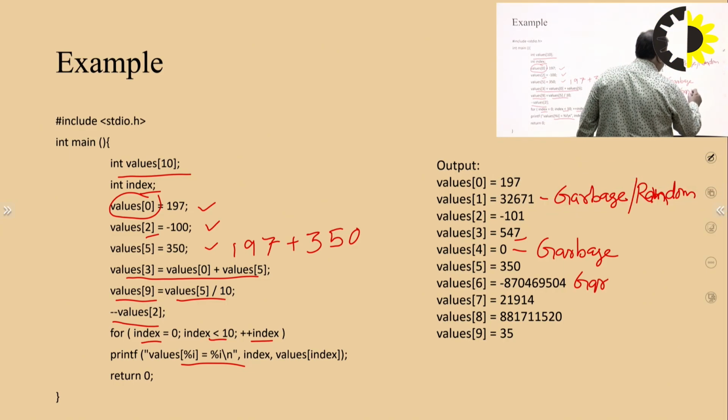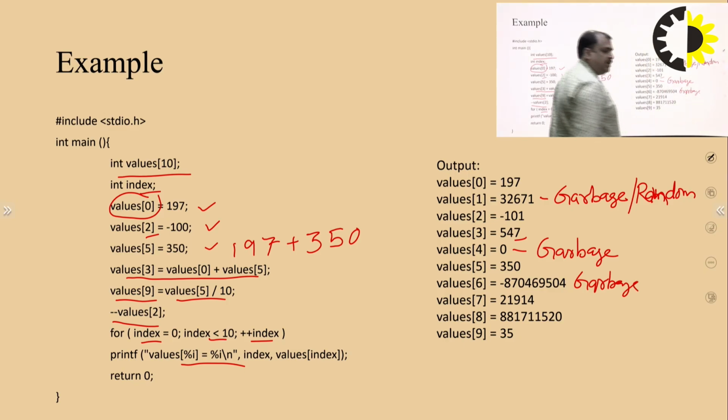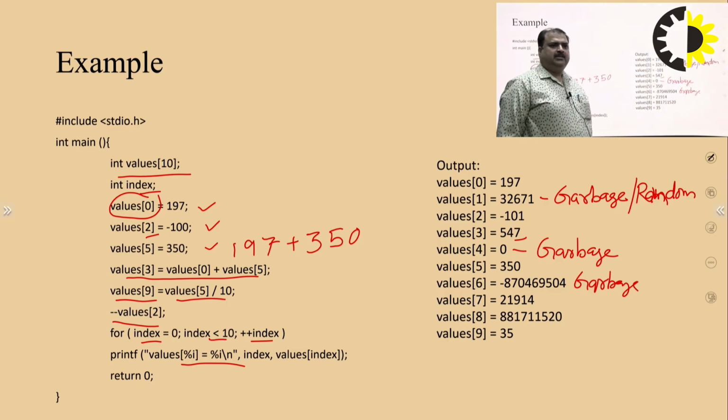Now I hope you are able to understand that if we are not initializing an array at the time of declaration, then when we use that array, we can supply values to particular indexes. But if we are not initializing all the elements, then the remaining elements will have a garbage or random value.